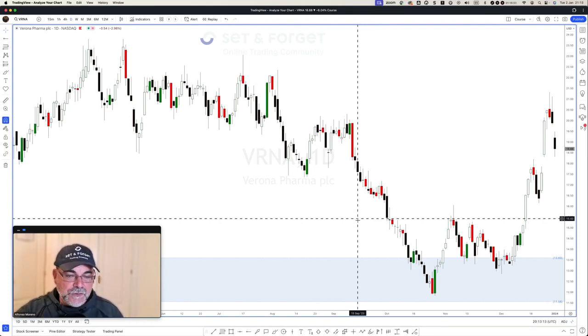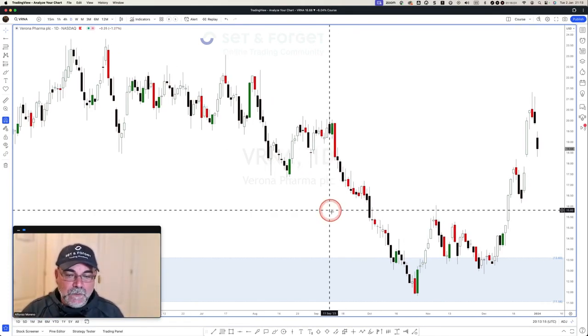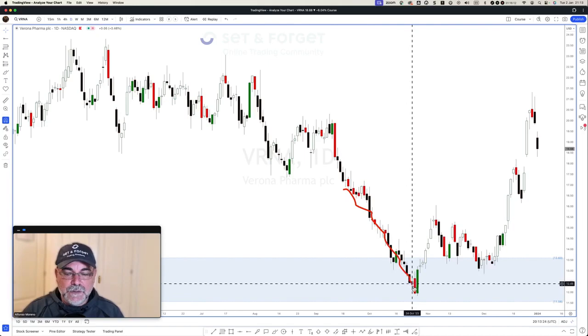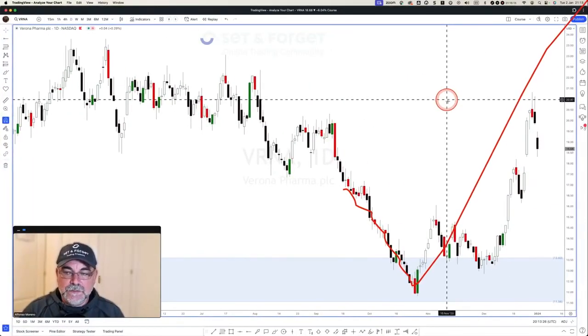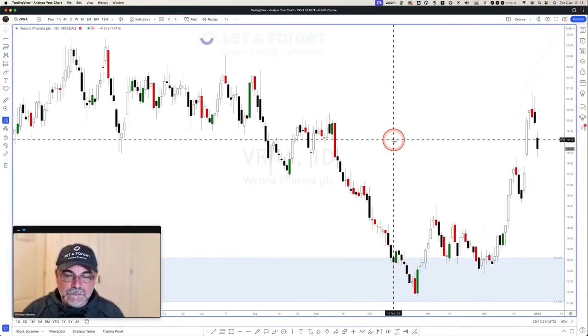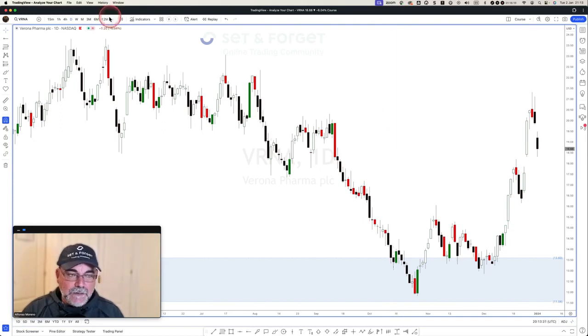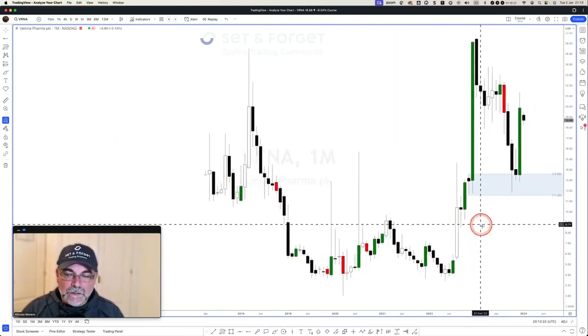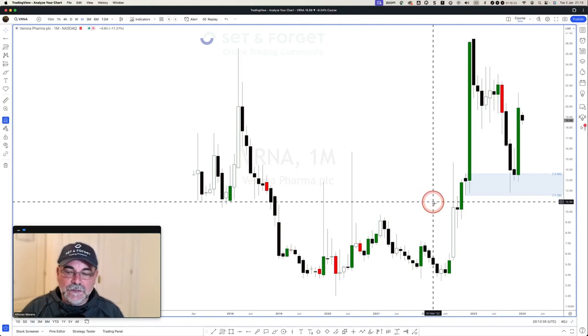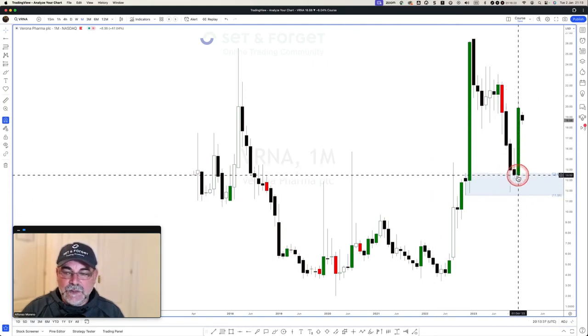Or there's a new drug that didn't get the permissions, or they didn't pass the trials, and then the stock is dropping, and then suddenly just rallies. Crazy. Okay? Why? If you are unaware, you don't know what an imbalance is and how to locate them in the bigger time frames, well, that's why.